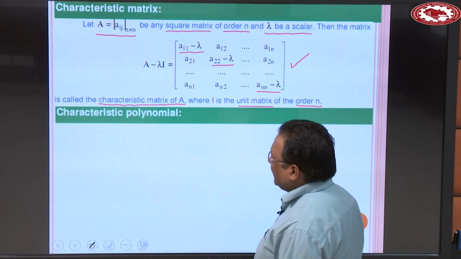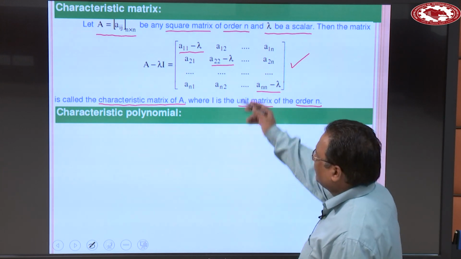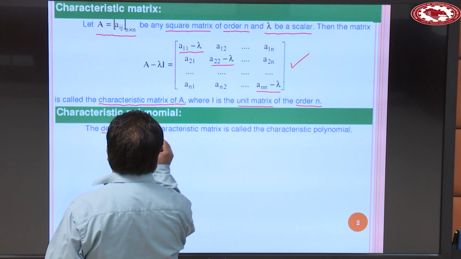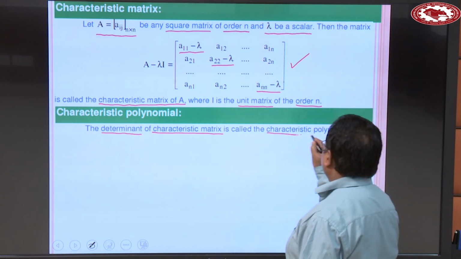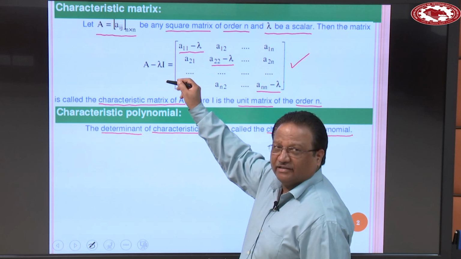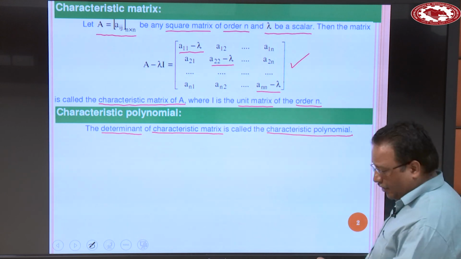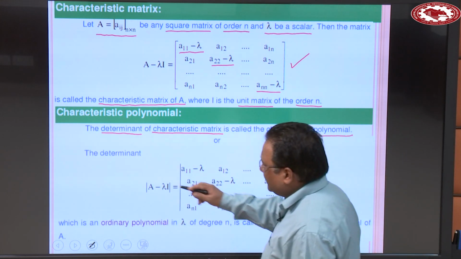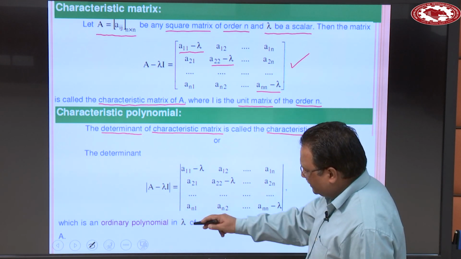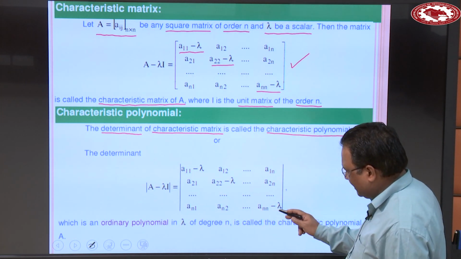Then we define the characteristic polynomial. Given this characteristic matrix, the determinant of the characteristic matrix is called the characteristic polynomial. In other words, the determinant of A minus lambda I is equal to the determinant with entries A11 minus lambda, A12, A1n and so on, up to Ann minus lambda.